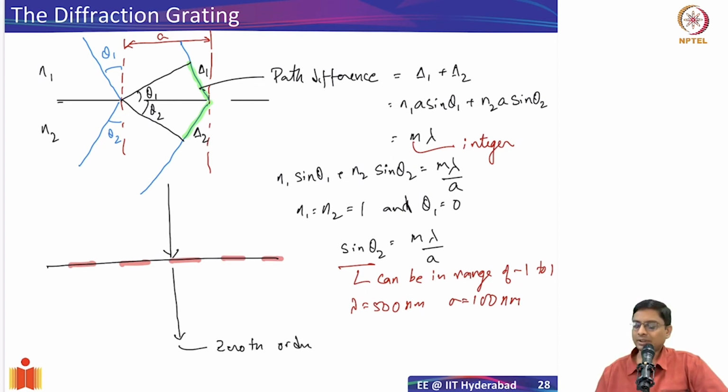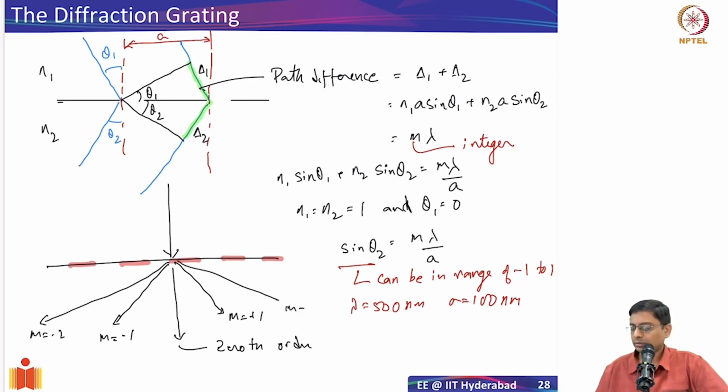But if you have other angles which are supported, then you might have various angles which are allowed: m equal to plus 1, m equal to minus 1, m equal to minus 2, m equal to plus 2, and so on. So even for m equal to 1, 2, and so on, you can have a situation where the equation is satisfied.